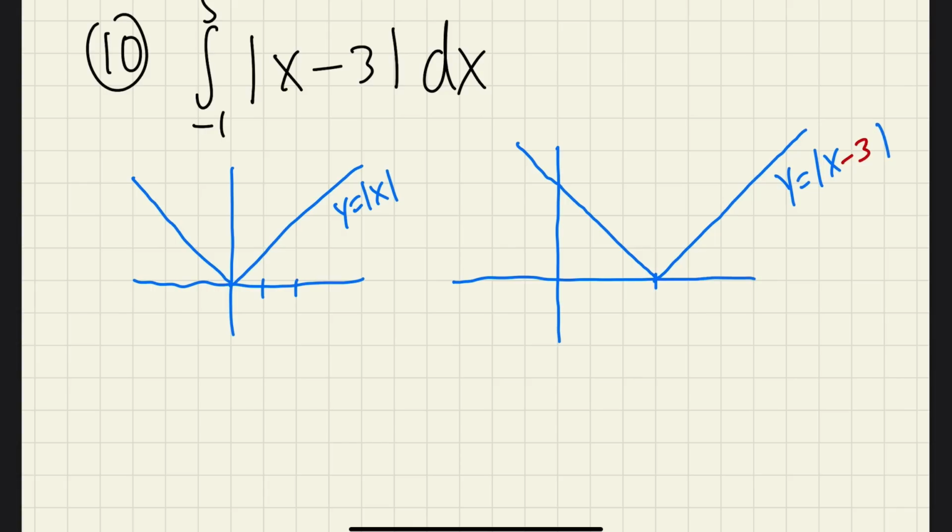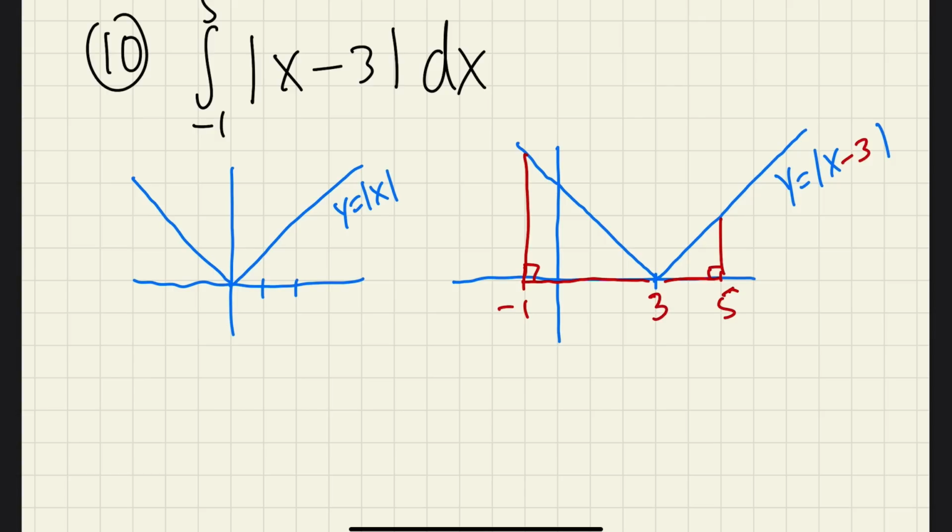Now, we want the area under the curve from negative 1 to 5. So -1 is right here, and then 5 is right here. So we just need all this area. So we have 2 triangles, and they are very nice. They are just right triangles. And of course, this part right here is 3.